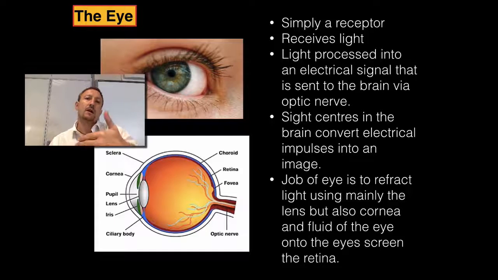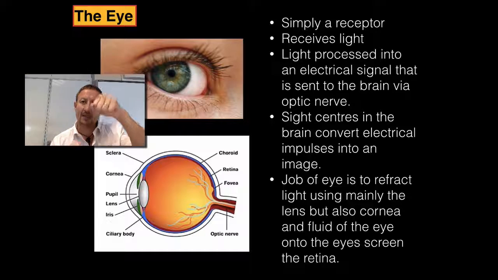Okay, so obviously that's fine if your eye is working correctly. The trouble is, not all the time does our eye work correctly. Now, if you imagine the lens itself is held by what we call suspensory ligaments, which then are held by muscles around the outside.